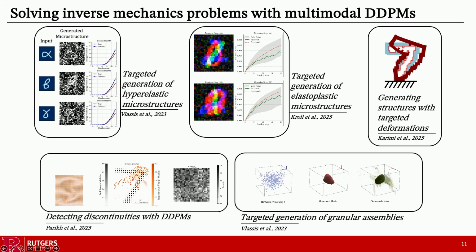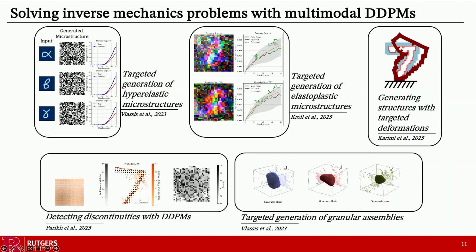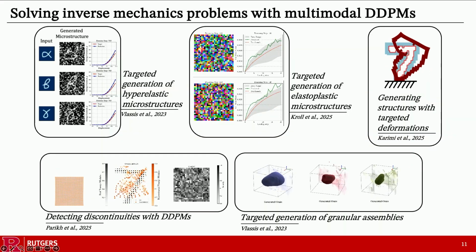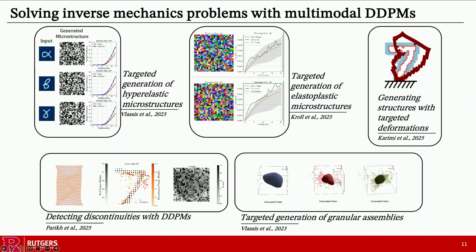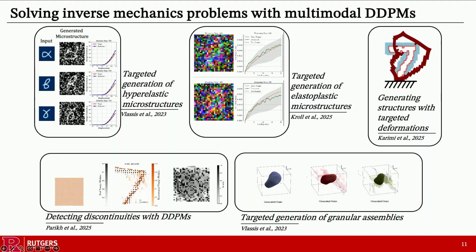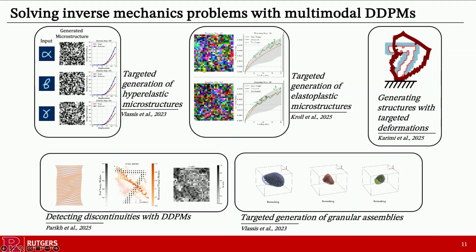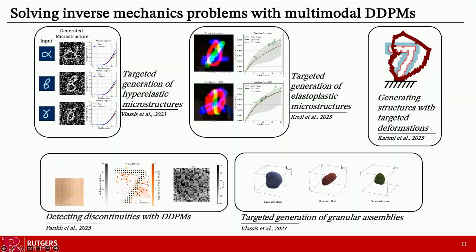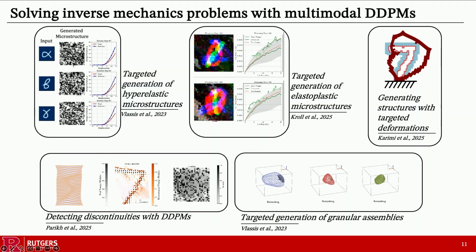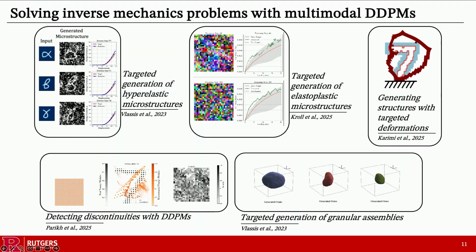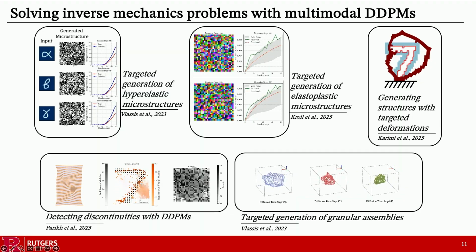I'm going to talk about some published work on generation of hyperelastic microstructures, how we expand that to generation of elastoplastic microstructures, some ongoing work on generating structures with target deformations, actually the head start on the mechanical MNIST challenge that accidentally happened, detecting discontinuities with DDPMs, just by looking at the deformed shapes, and something similar that Professor Sun talked about, generating granular assemblies with latent space DDPMs.